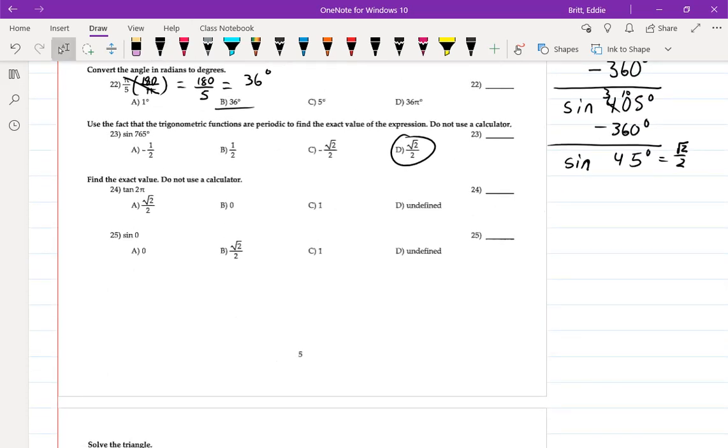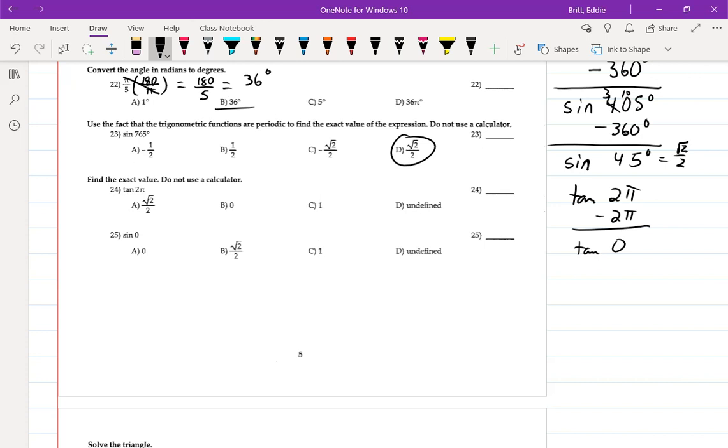All right, the next problem. Find the exact value. Do not use a calculator. If you don't get these, I feel really bad, like I did not teach you. So make sure that you get these right. These are gimmies. So the tangent of 2 pi. Usually I don't remember the values for 2 pi. So if I was finding the tangent of 2 pi, I would subtract 2 pi from that, because that tells me that the tangent of 2 pi lies in the same place as the tangent of 0.